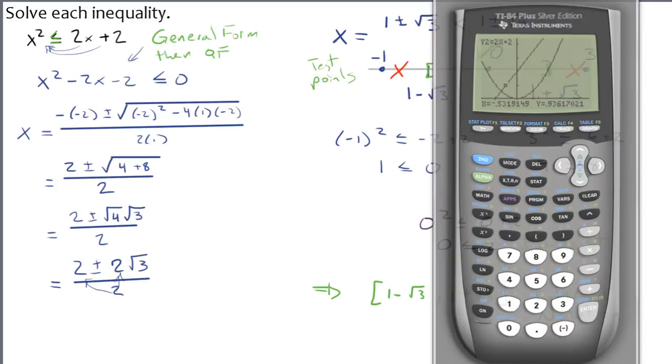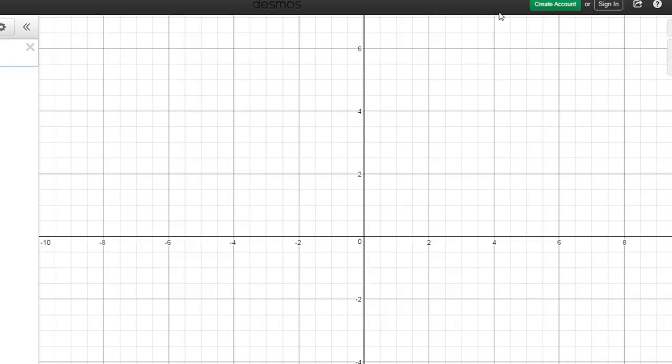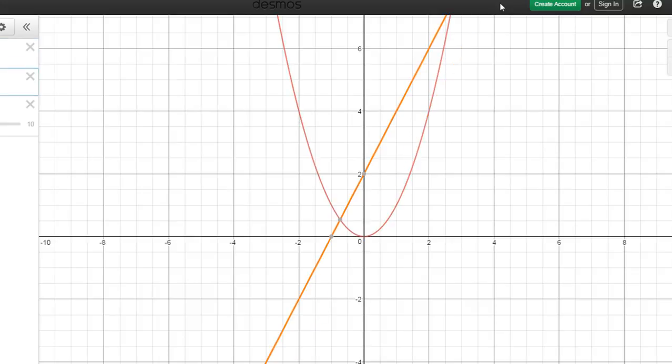And if we had a different graphing tool, like Desmos, we could absolutely do x squared and 2x plus 2. Call that up and take a look here.